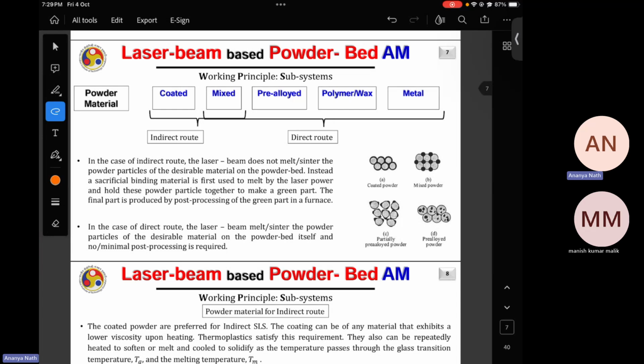It depends on the laser focus spot diameter. If the spot diameter is around 70, 80, 90 or 100, you can go with this 15 to 45 micrometer powder.